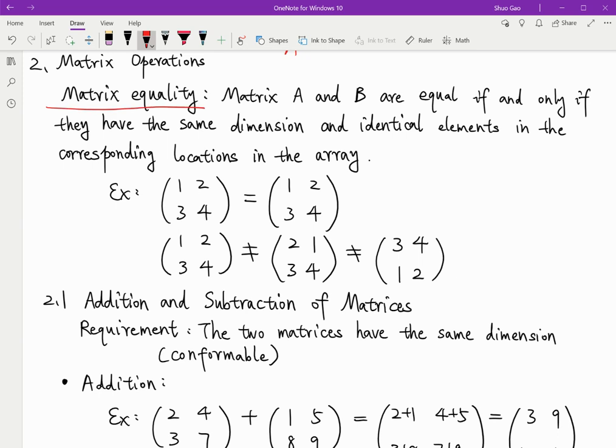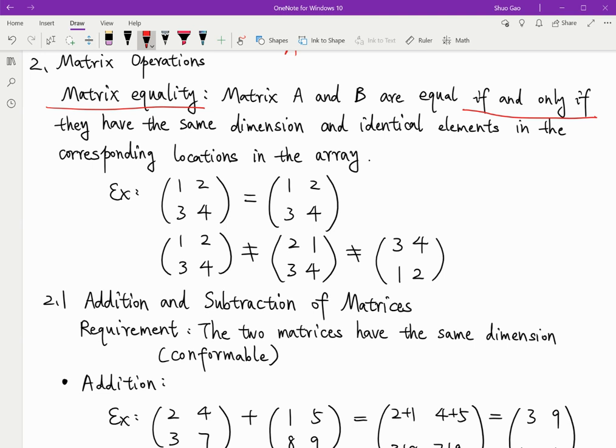Matrices A and B are equal to each other if and only if they have the same dimension and identical elements in the corresponding locations in the array. That means first they have to have the same shape, right? Both of them should be m by n matrices, and they have the same numbers in the corresponding locations.